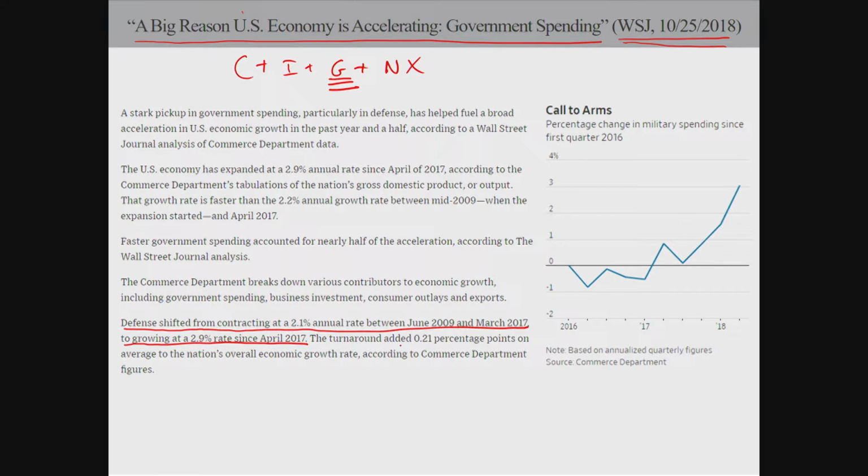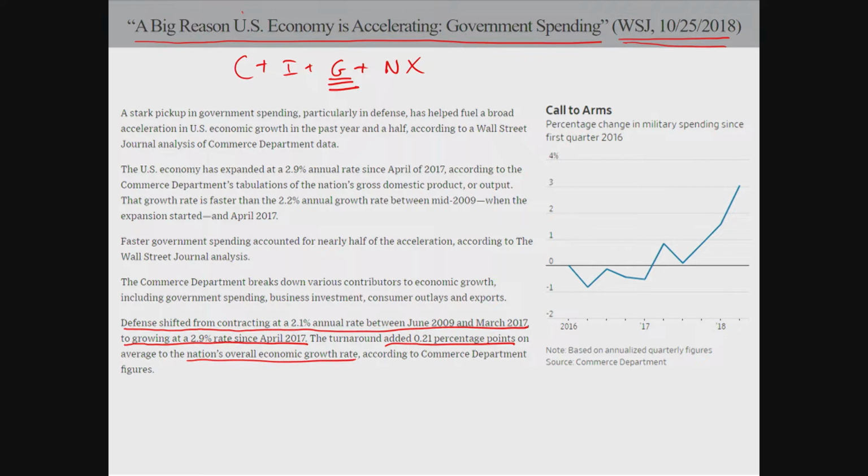And this turnaround alone, just this one part of federal government spending, added 0.21 percentage points to the nation's overall economic growth rate. So this is an example of how fiscal policy, in this case government spending through defense contracting, can be a contributor to faster economic growth.